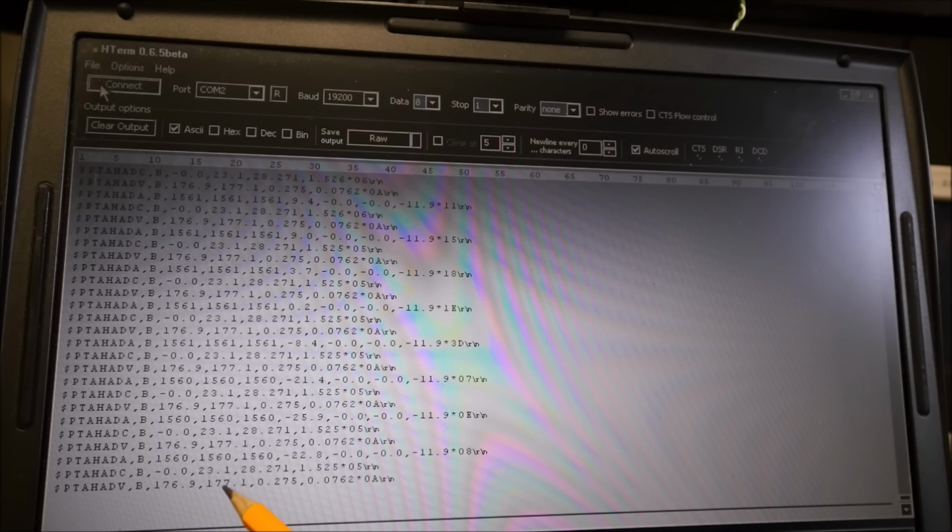I don't know the signification of this value here, 23.1. This value changes a little bit with the pressure, and there is another value here, which is more or less constant. There is also this value here, 0.07. I didn't find the meaning of this value.